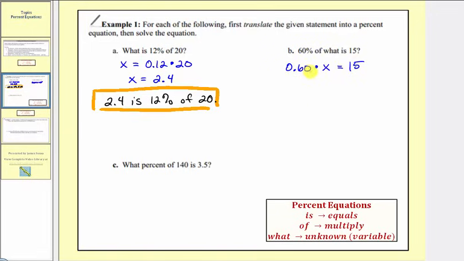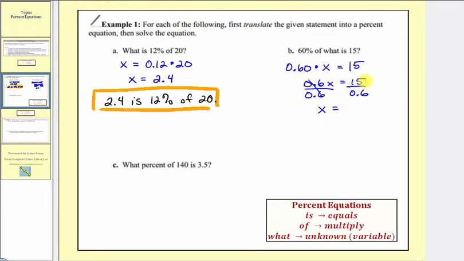Well, 0.60 can be simplified to 0.6. 0.6 times x would be 0.6x equals 15. To solve for x, we divide both sides by 0.6. Simplifying on the left, we just have 1 times x, or x.